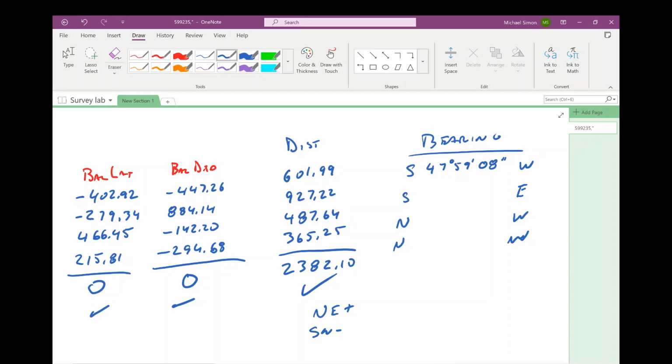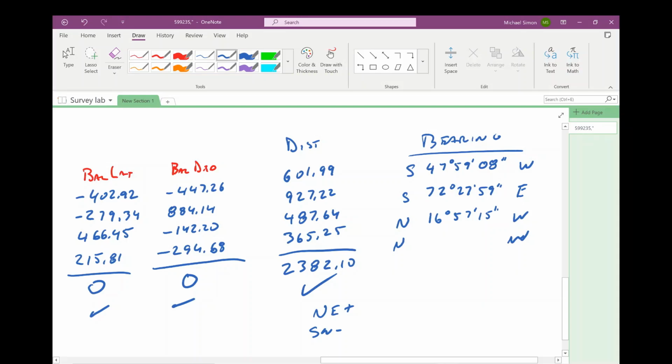Second function tangent of departure, 884.14 divide 279.34. Second function DMS, 72 degrees, 27 minutes, 59 seconds. Second function tangent of 142.2 divide 466.45. 16 degrees, 57 minutes, 15 seconds.